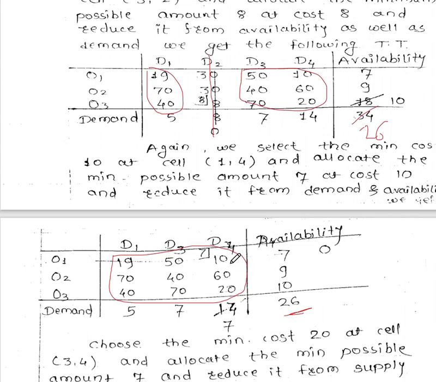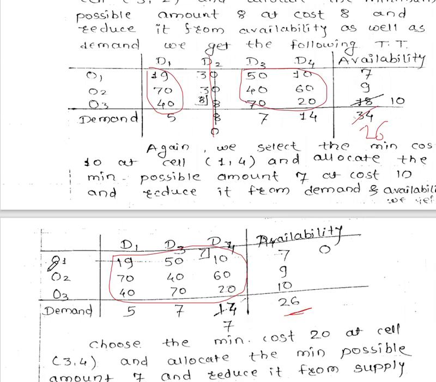Here we have to allocate the minimum possible amount from availability and demand. Here is a 7 and here is a 14, so we select the smaller number, 7, from availabilities and allocate 7 at 10, then subtract from availabilities as well as demand.